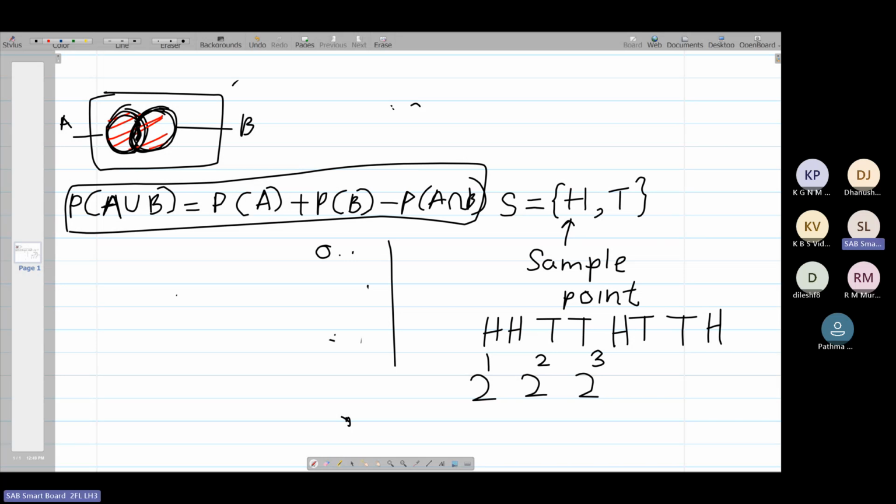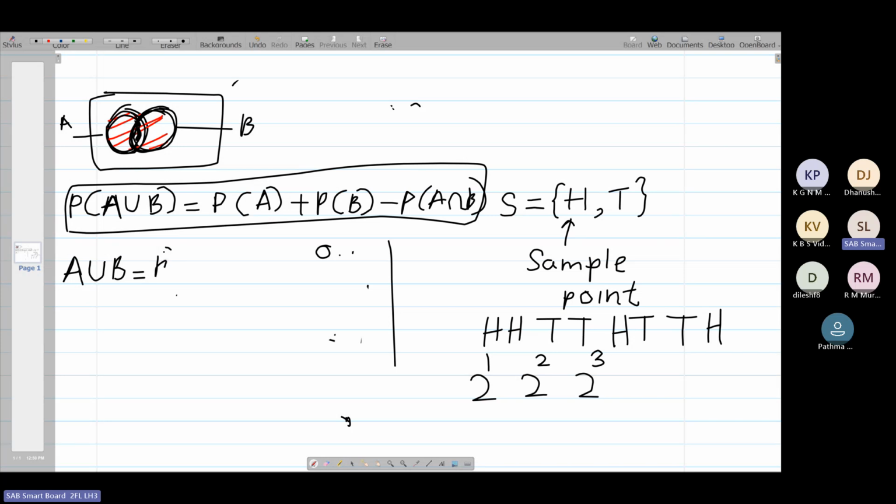Clear? Then the other case is when two events are mutually exclusive. Now you study. Mutually exclusive means what? Yes, there will be no common elements. It means no intersection. If two events are mutually exclusive, how do we get the union?